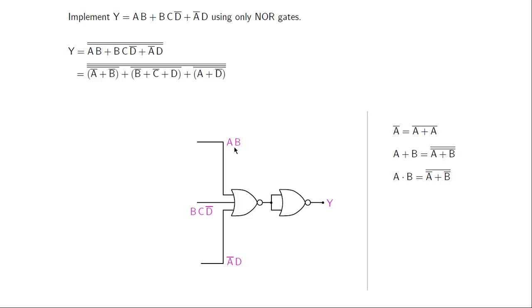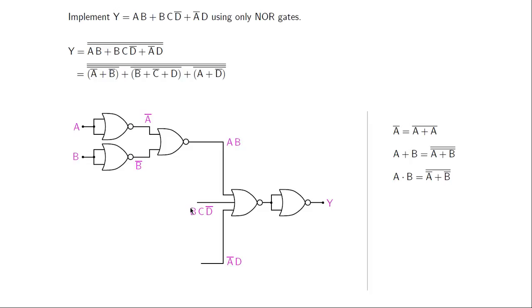How can we get AB? Here is the equation. First we can generate A bar from A using this equation, and also B bar from B, and then we can use an OR gate to get AB, like that. So this NOR gate gives us A bar, this NOR gate gives us B bar, and then finally this NOR gate gives us AB.